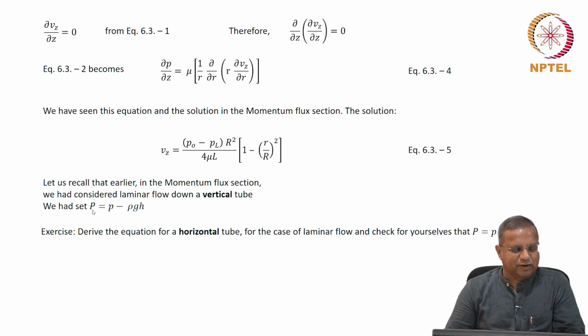We could set the capital P as the pressure, and the rho g h could be taken along with that to call it a capital P, and that was the main reason why we considered a vertical pipe. You could generalize that. Okay. So, it nicely fits into all the mathematical manipulations that we do, and we can combine these terms, therefore, that term does not appear separately, and so on and so forth.